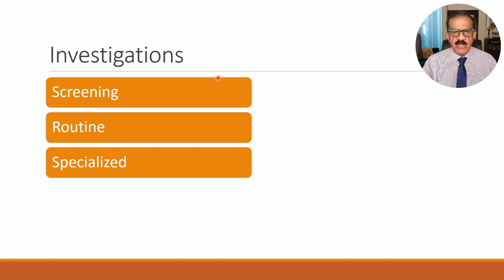So in investigations, there are three groups of investigation. The first one is called screening, and this we do when we are treating somebody for some other condition and we suspect that there may be kidney involvement, and periodically we do some very basic kidney function tests just to be sure that the kidneys are not affected.